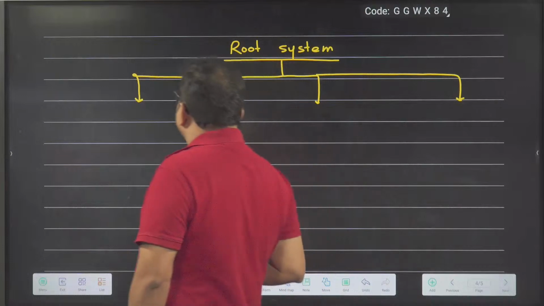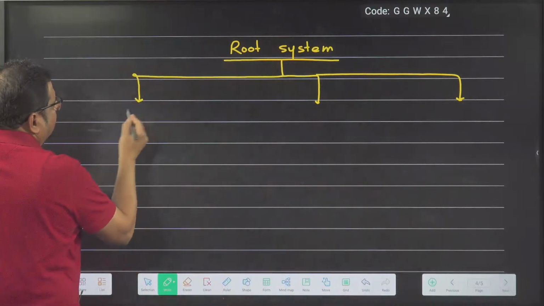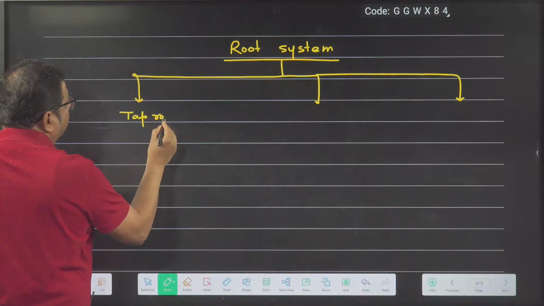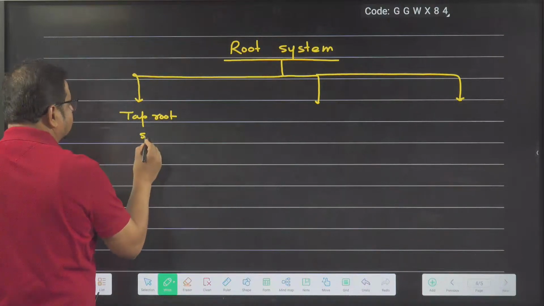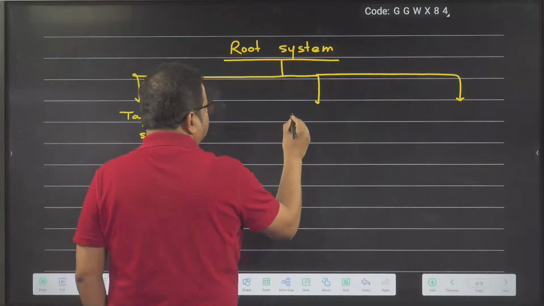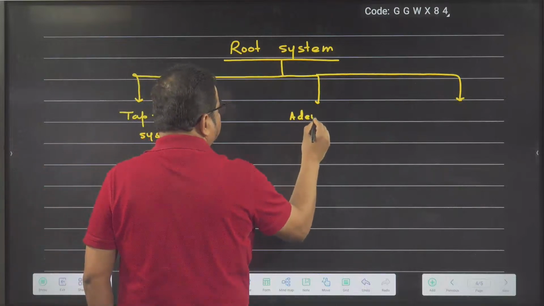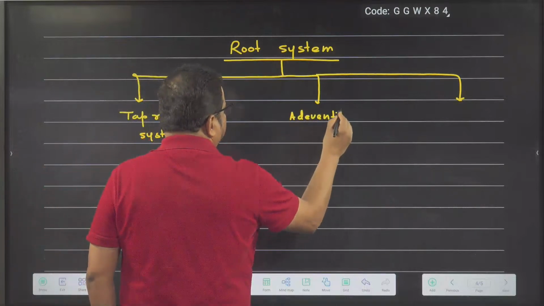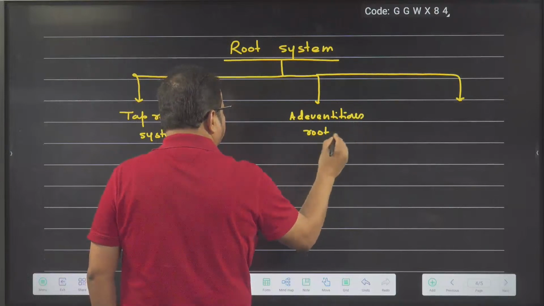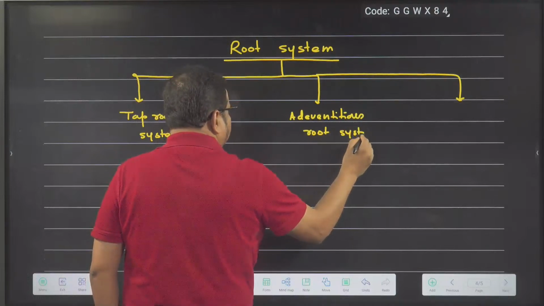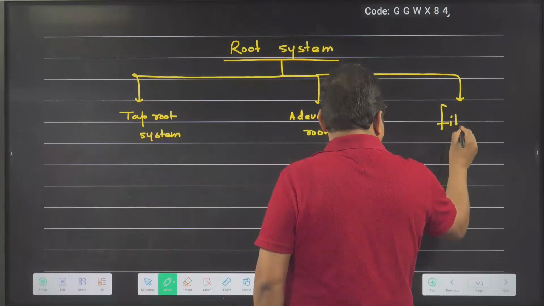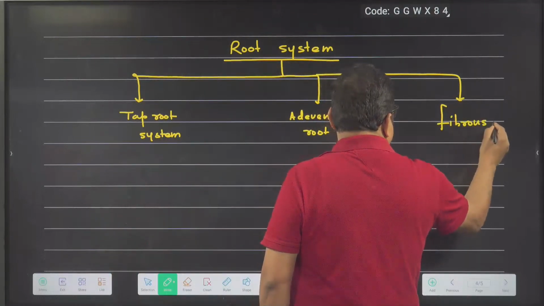In most books you will find the types of root system are tap root system and adventitious root system, and NCERT separates out the fibrous root system.